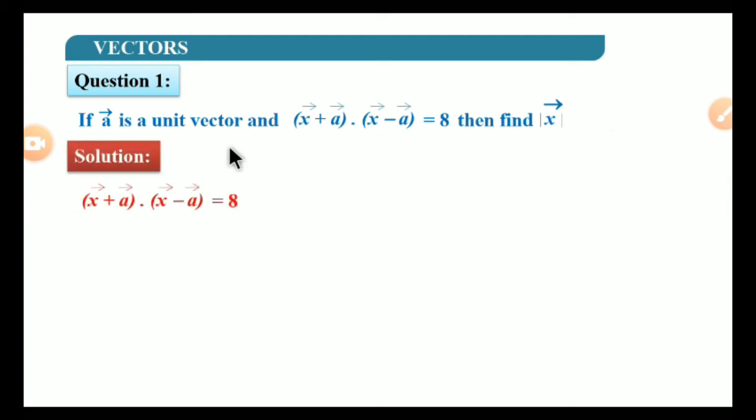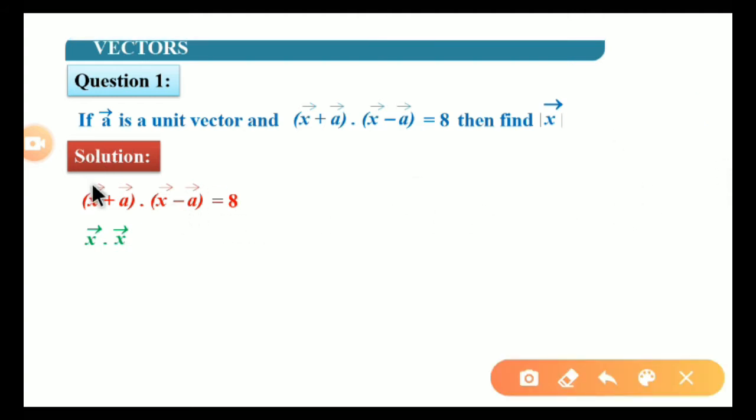Now for the solution, we consider the given data, that is (x + A) · (x − A) is equal to 8. Here we have to multiply x · x and later x into minus A also, next A into x and next A into A vector. Similarly we can multiply all those terms.